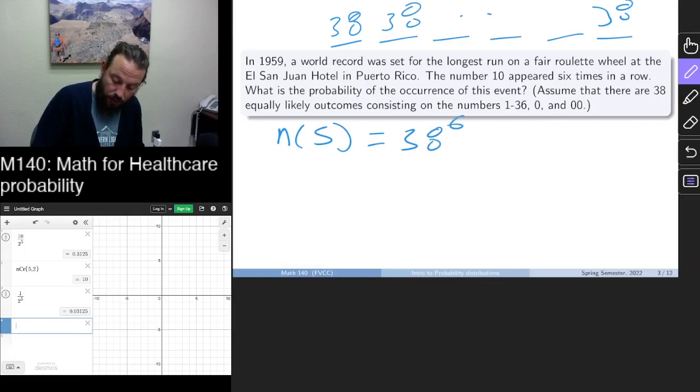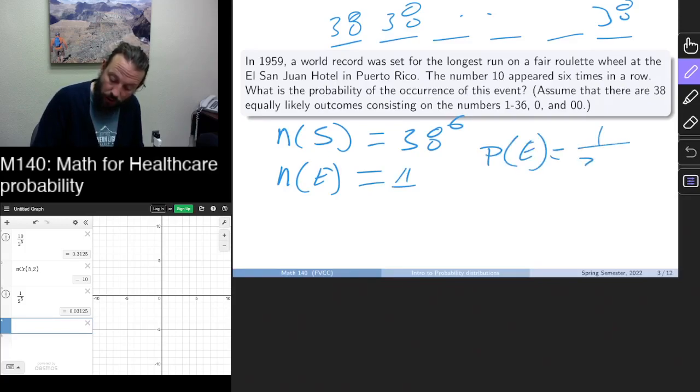Now, let's say the event E is getting a 10 6 times in a row when you're spinning it 6 times. There's only one way to do that. And so our probability of E is 1 over 38 to the 6th. We'll calculate that in a second.